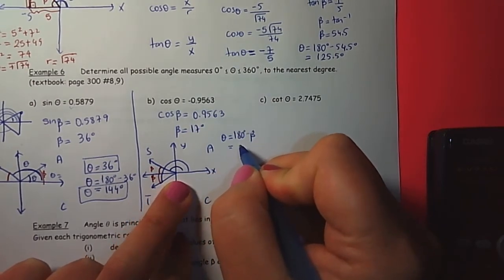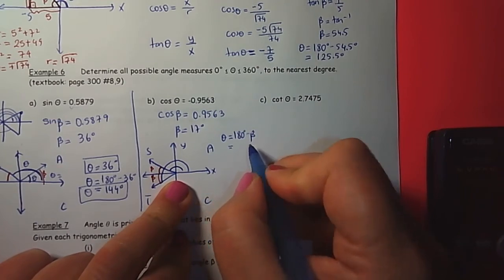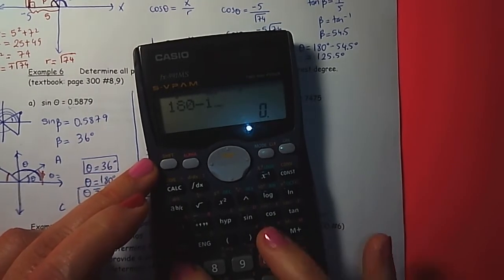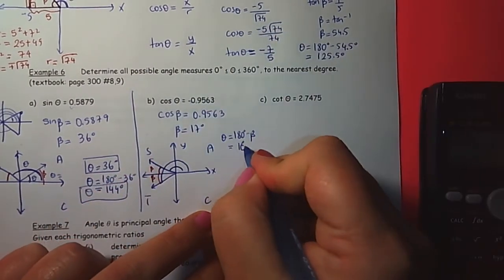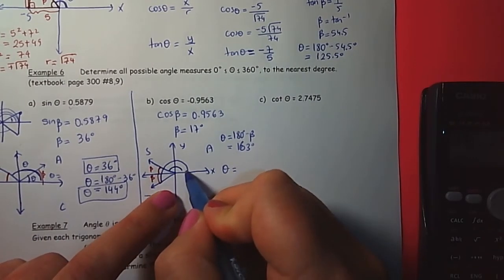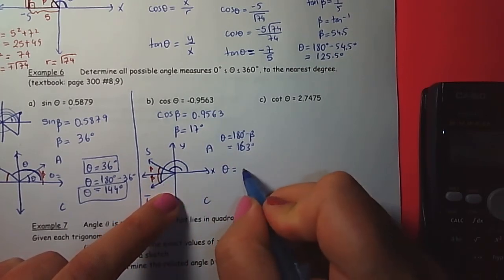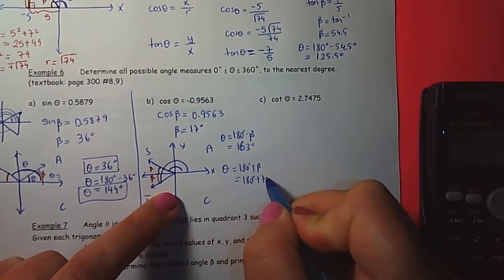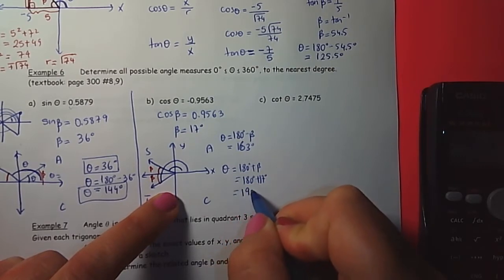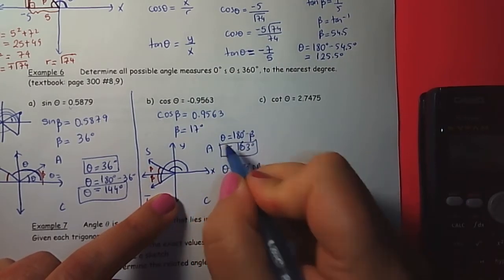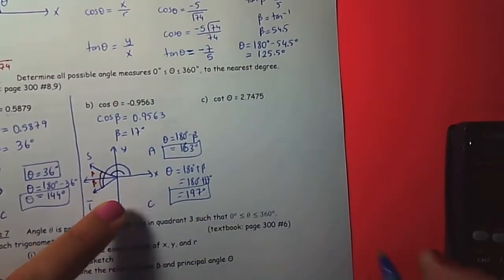So 180 minus 17 gives us 163 degrees. For the second angle in quadrant 3, we add beta to 180 to get theta. So 180 plus 17 degrees gives us 197 degrees. Again, you have two answers for this question.